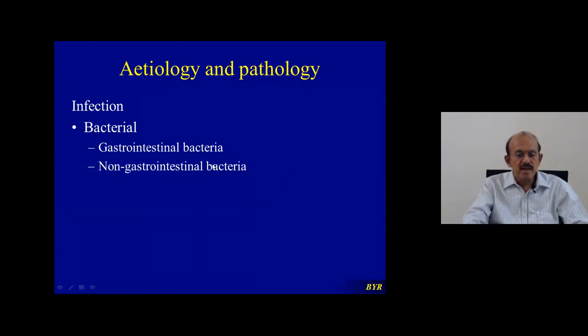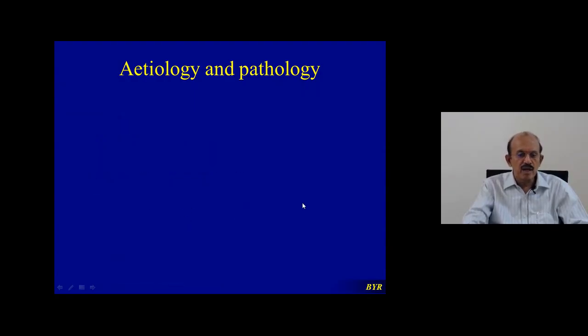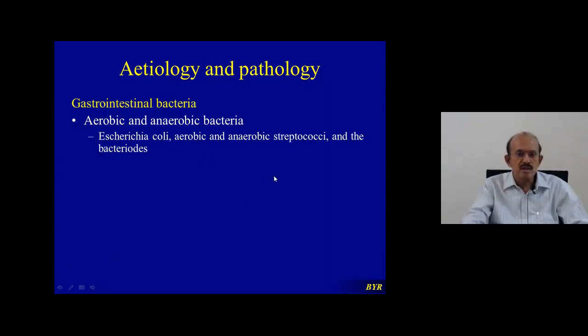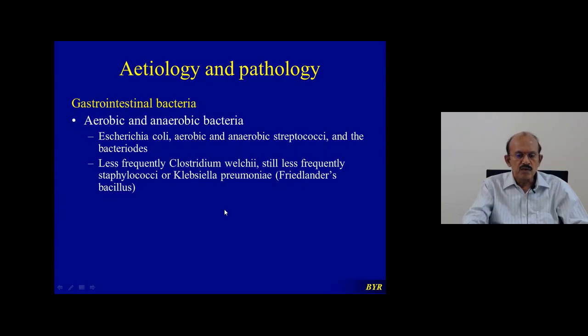And the bacteria can be from non-gastrointestinal sources. It may be viral. The gastrointestinal bacteria being aerobic and anaerobic organisms: Escherichia coli, aerobic and anaerobic streptococci, and the bacteroides. Less frequently Clostridium welchii, still less frequently staphylococci, Klebsiella pneumoniae.